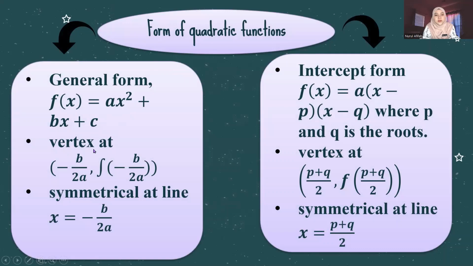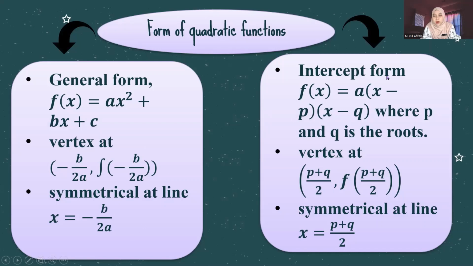And the vertex for general form is negative b over 2a for the x coordinate, and for the y coordinate it is f of negative b over 2a, and it is symmetrical at line x equal to negative b over 2a.